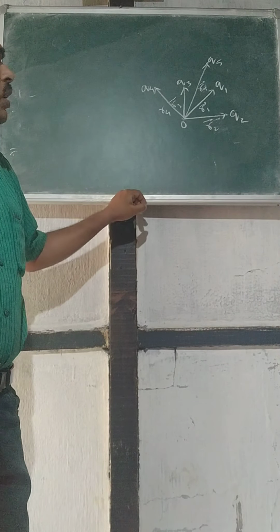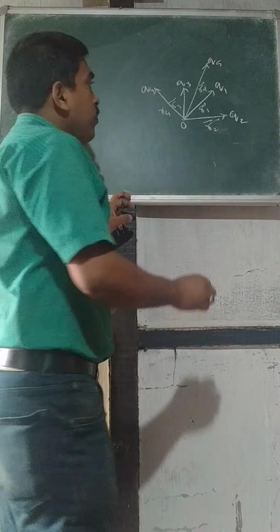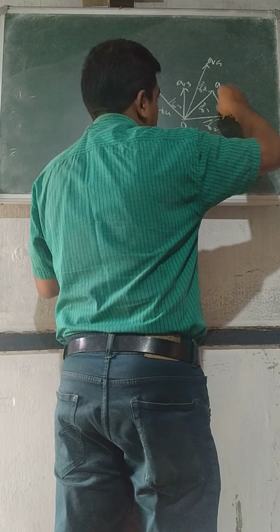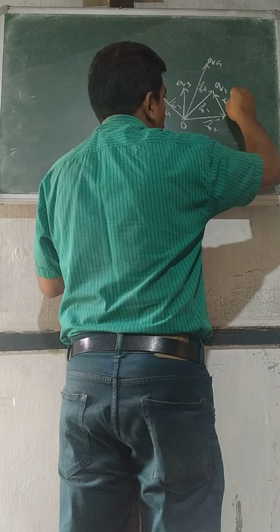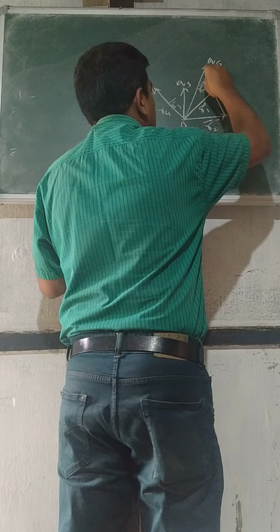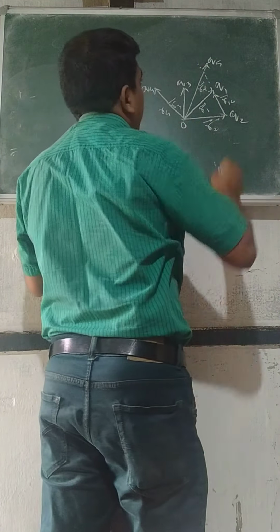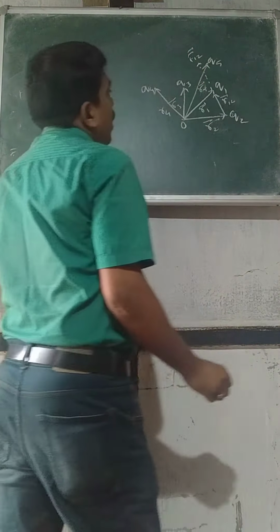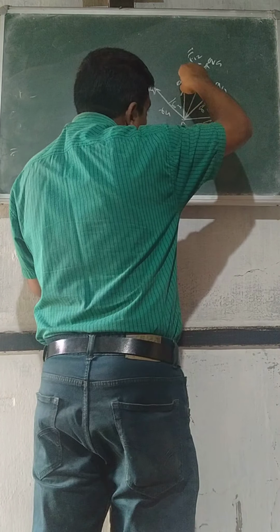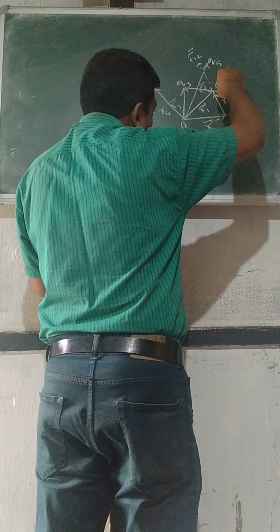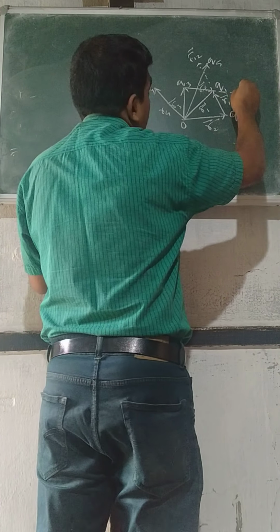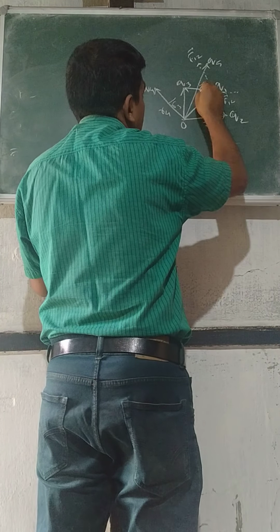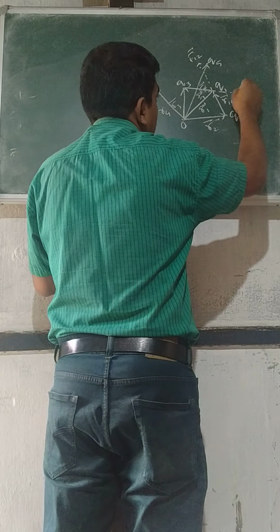So first you have to find out the force between Q1 and Q2. The same way, the distance is given by R12, and the direction will be this way. This will be F12. Then Q1 and Q3, this will be R13, F13 vector.